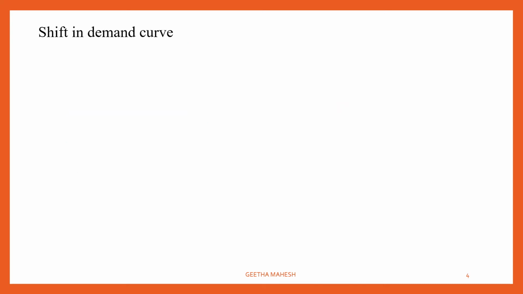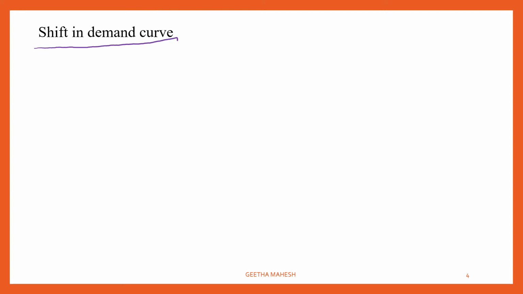Dear students, let us discuss shift in demand. As we already discussed, there are different determinants of demand. Demand for X is a function of price of X, price of related good, income of the consumer, taste and preference of the consumer. Other things remaining constant, if price changes, it leads to movement along the demand curve.